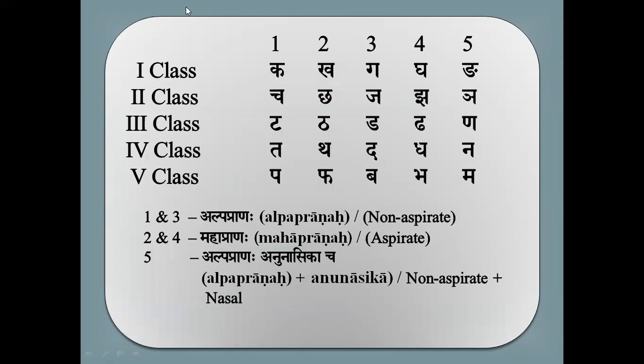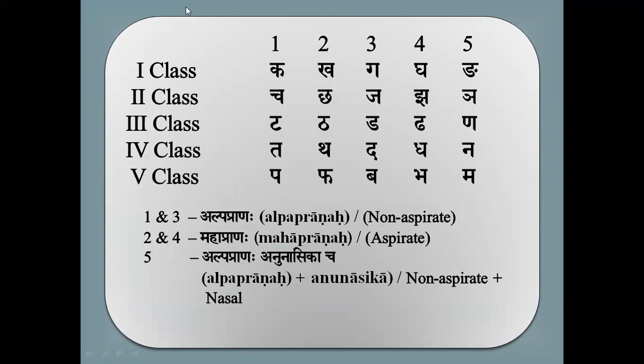What about the fifth letter of all the classes? They are alpa prana. In addition to that, it is anunasika. It involves the usage of the nose, therefore nasal. It's a nasal sound. Nga, nya, na, na, ma. So they are alpa prana as well as nasal.